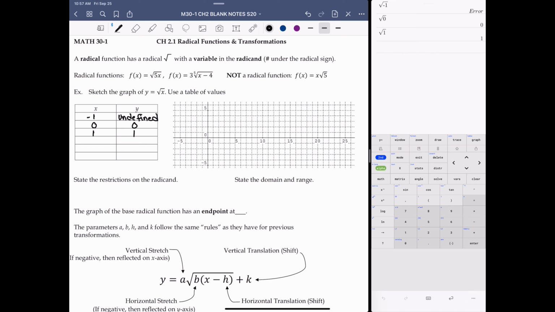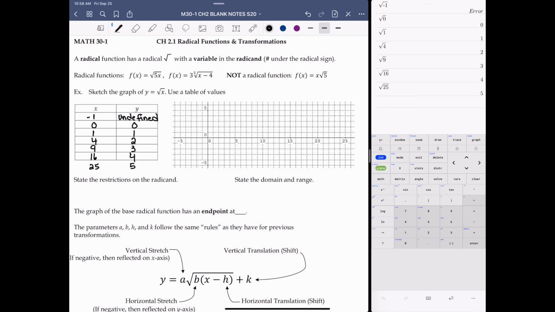I'm going to pick perfect square numbers to make my life easier. 4 is a perfect square, and the square root of 4 is 2. 9 is a perfect square, and the square root of 9 is 3. 16 is a perfect square, and the square root of 16 is 4. Since our graph goes up to 25, we'll do 25. The square root of 25 is 5.